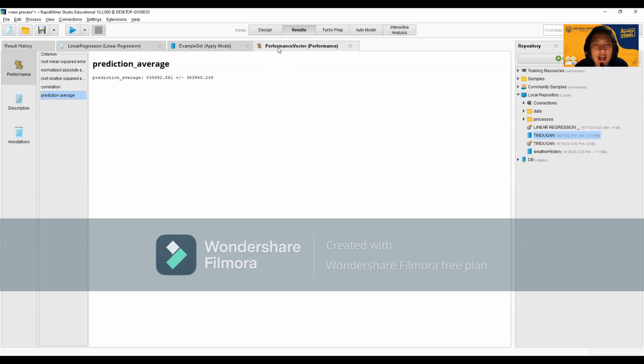Kahit medyo mahigpit po kayo, naiintindihan po namin yun.